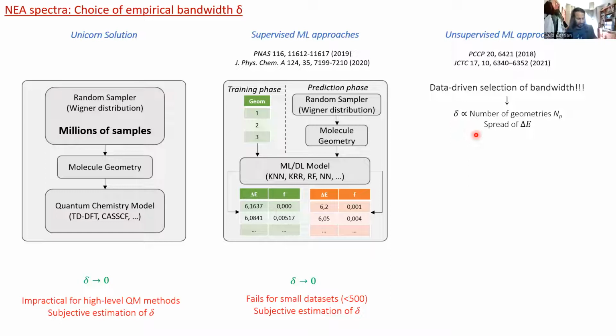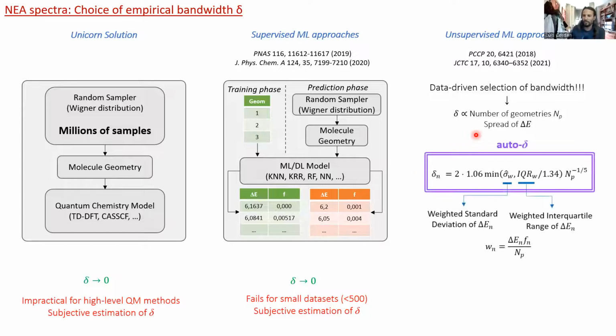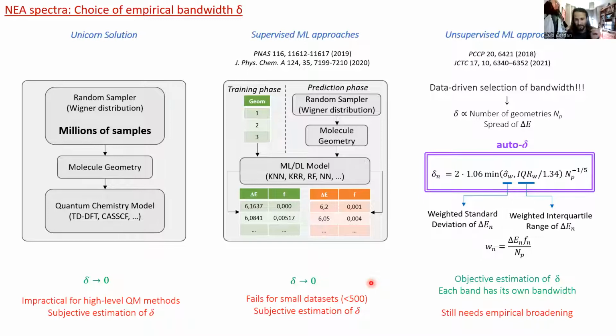There are a few equations to do this, but we will be using one that we call Autodelta, which basically relates the bandwidth with the number of geometries and the spread of the energies. And in this case, as you see, it depends inversely on the number of geometries, so that if you have an infinite number of geometries, then your delta goes to 0. That is what we would expect. So the good thing of this is that you have an objective estimation of delta, and each band that you compute has its own bandwidth. And that's very good because then you have a better prediction of the whole spectrum.